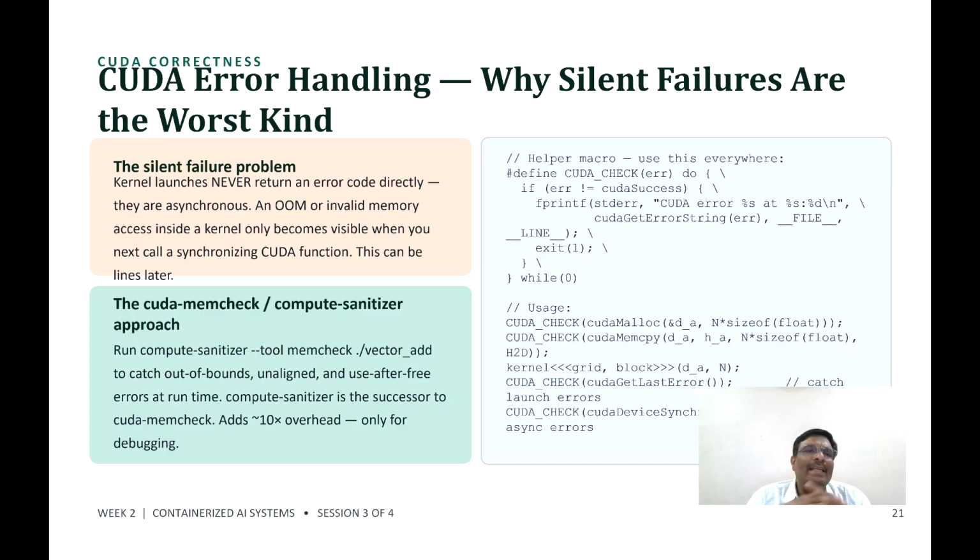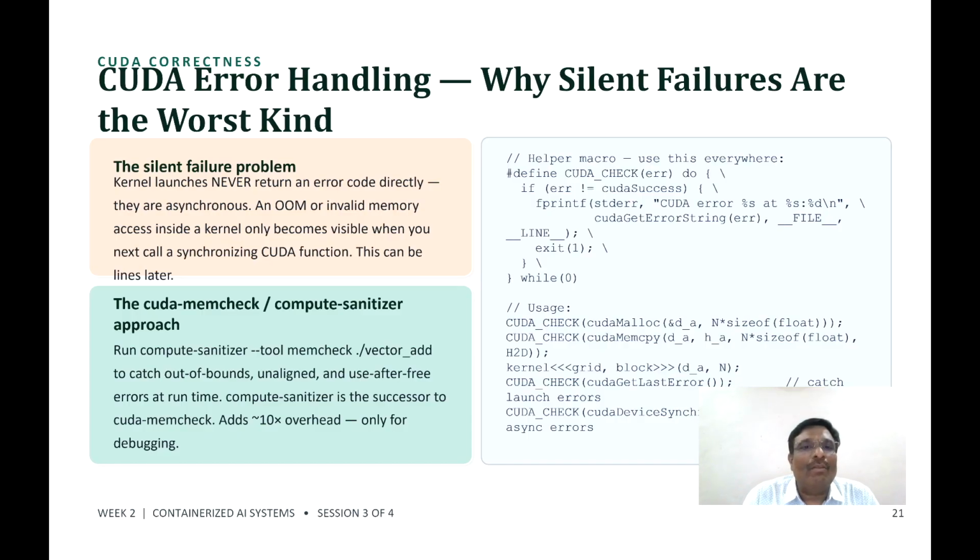So there are certain cases of invalid memory accesses which are very important, because you are talking in terms of a lot of threads, and trying to debug all of them is a very tedious job.